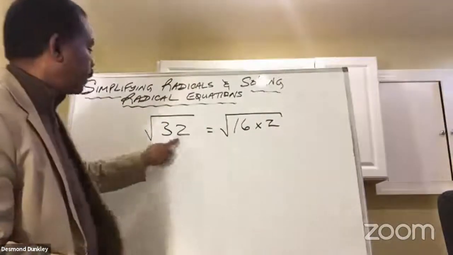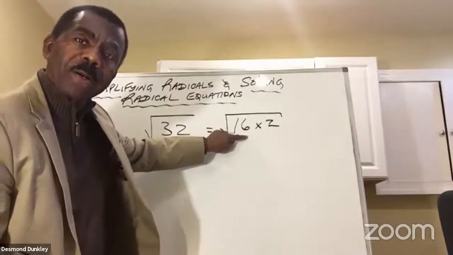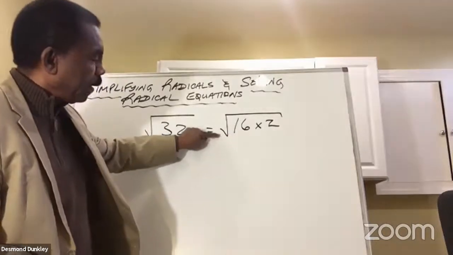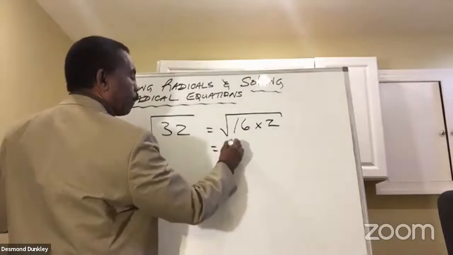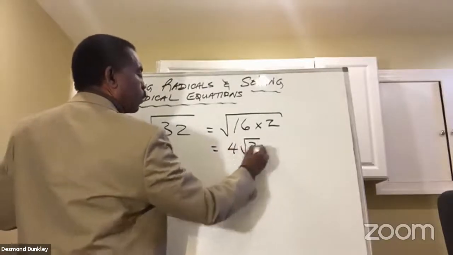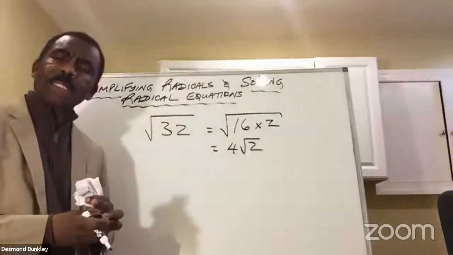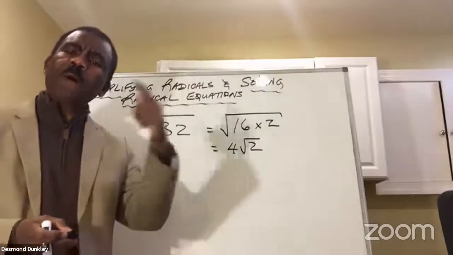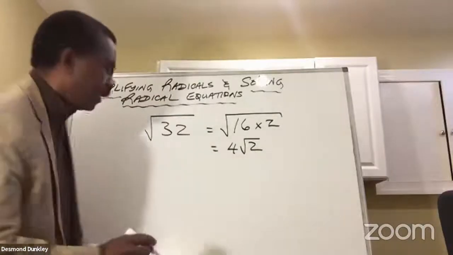But 16 is a perfect square, so the square root of 16 is 4. 4 can come outside, so the final answer is 4 root 2. Many students have difficulty with this concept, but truthfully, it's not a complicated concept once you understand how to do the manipulation. Let's try another one.